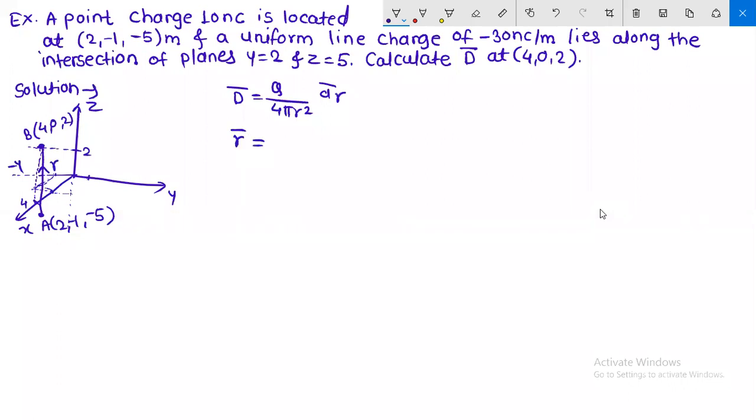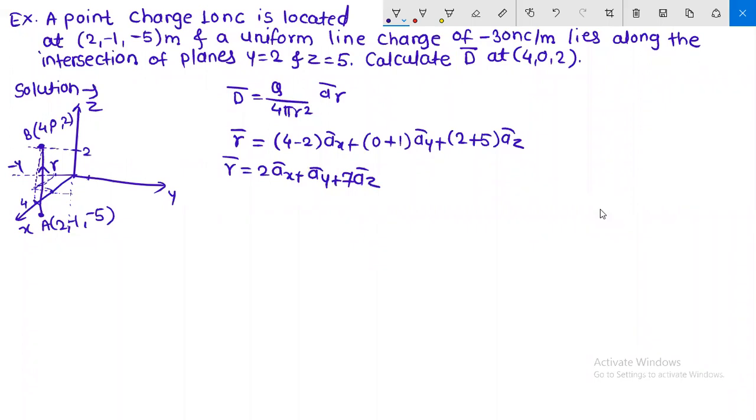Now if this is R, the end point is B and the start point is A. So R bar is equal to (4 minus 2) A bar X plus (0 minus minus 1) A bar Y and plus (2 minus minus 5) A bar Z. So this R bar is equal to 2 A bar X plus 1 A bar Y plus 7 A bar Z. Then mod of R bar is equal to square root of 2 square plus 1 square plus 7 square.